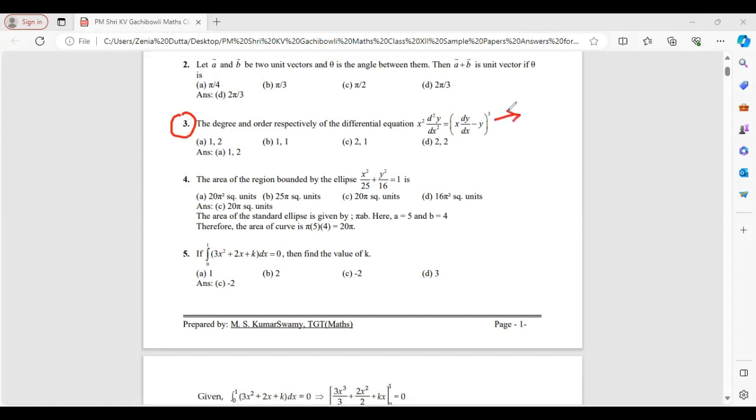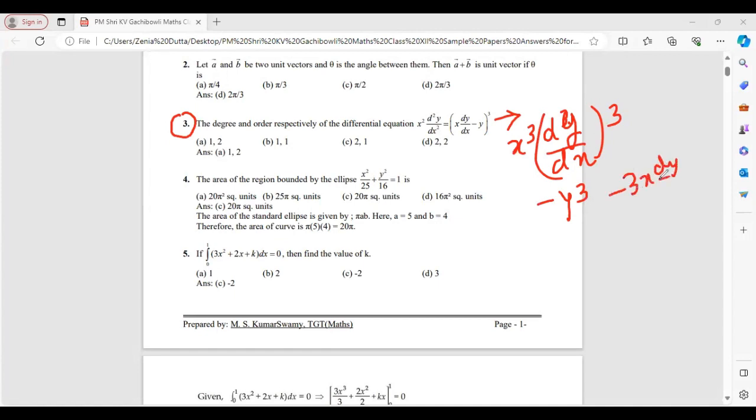So, if I expand this, I have x cube (dy by dx) whole cube minus y cube, and then I have minus 3x dy by dx within bracket (x dy by dx minus y). Basically, the (a minus b) whole cube formula.